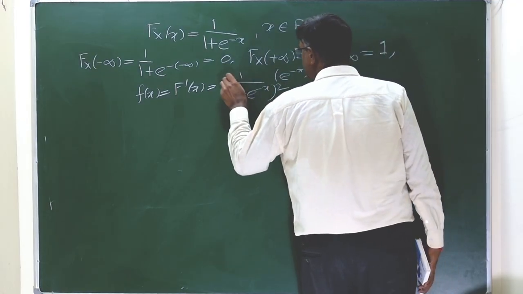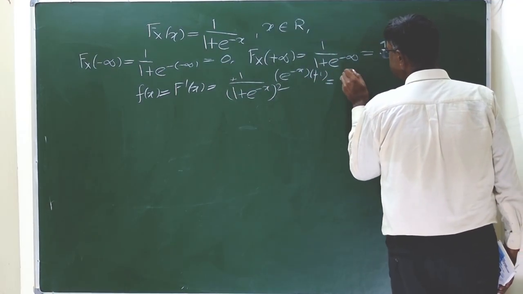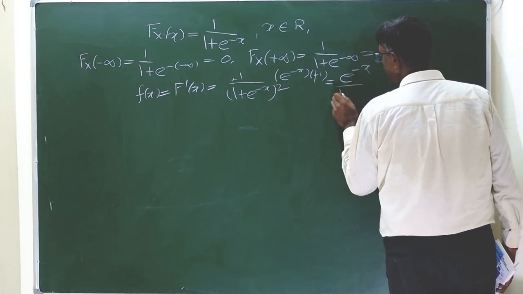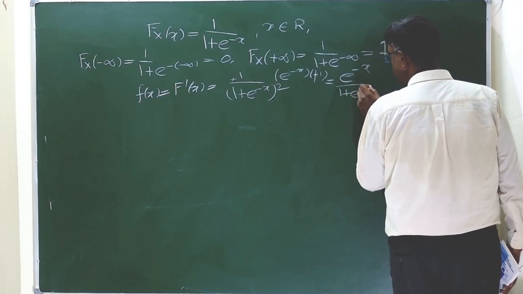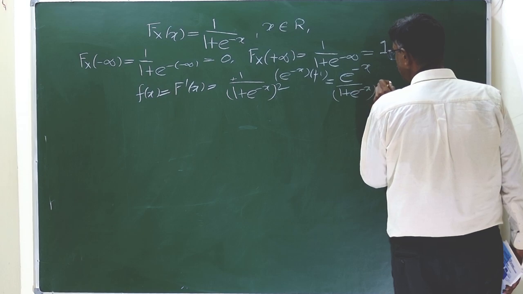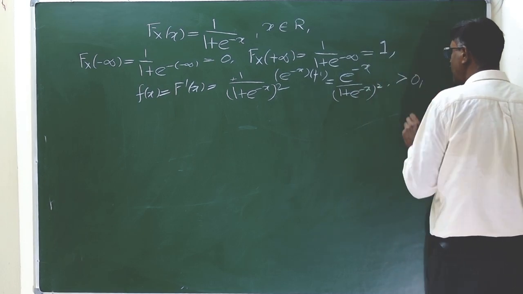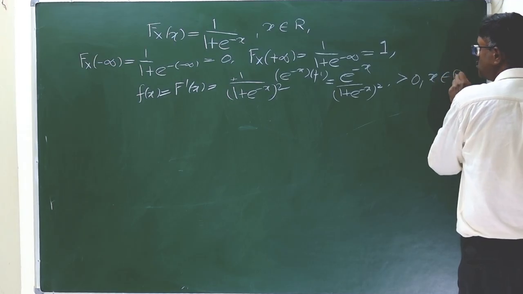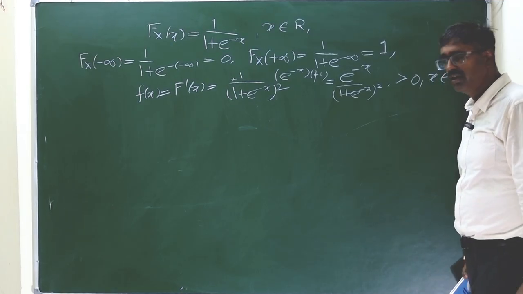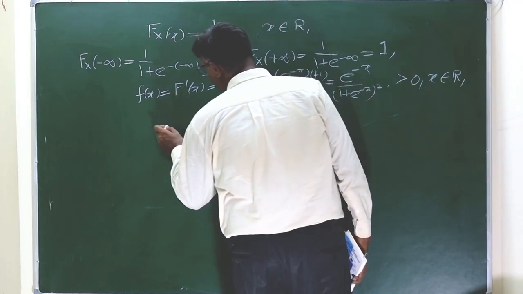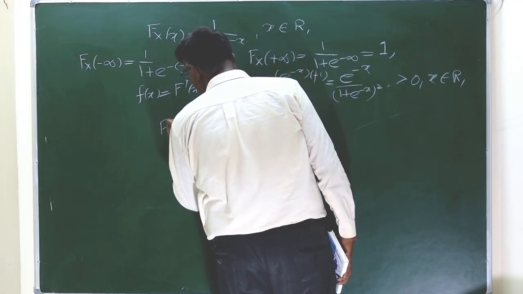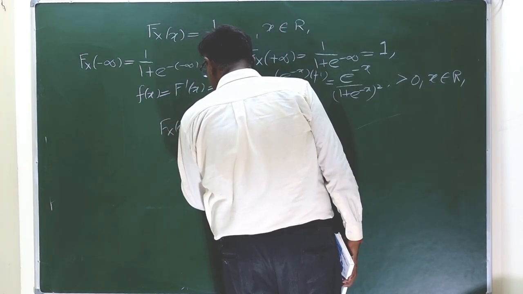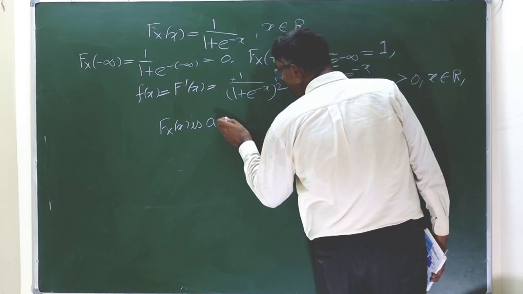So this minus cancels out, and it comes out to be e to the power minus x over (1 plus e to the power minus x) whole square, which is always greater than 0 for every x belonging to the real line. So we established that F(x) is a non-decreasing function.